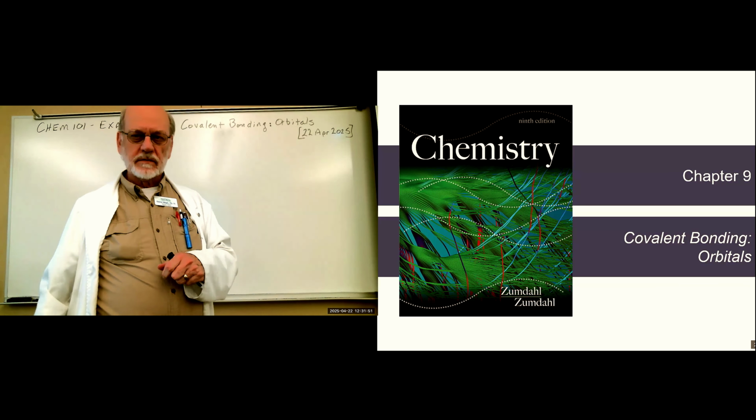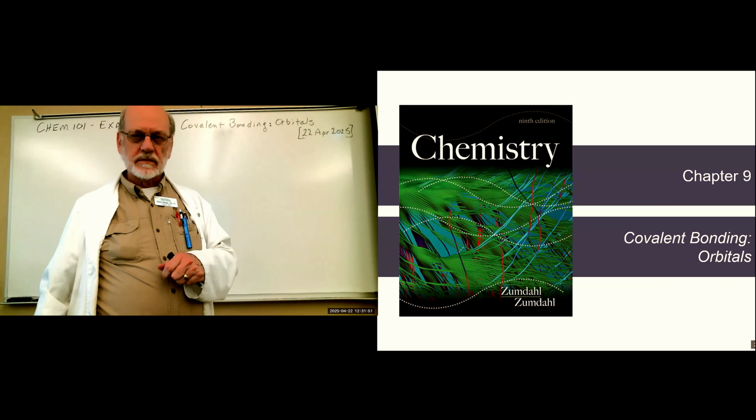All right. So let's continue with our discussion of, actually, we're still in the localized electron model of the valence bond theory, which, as a reminder, says that bonding takes place when orbitals overlap between atoms.